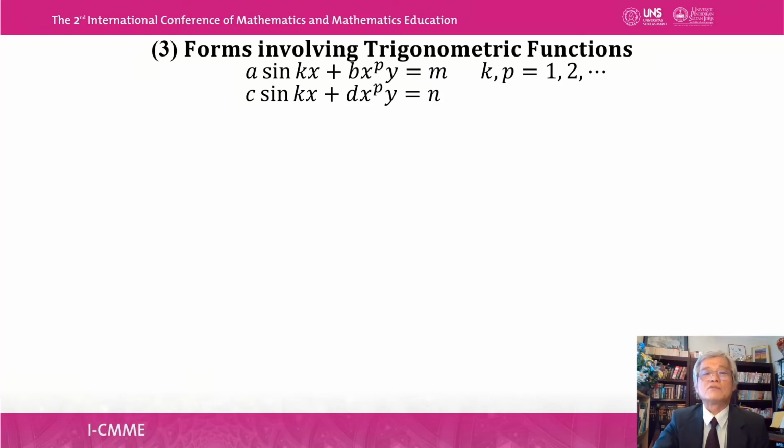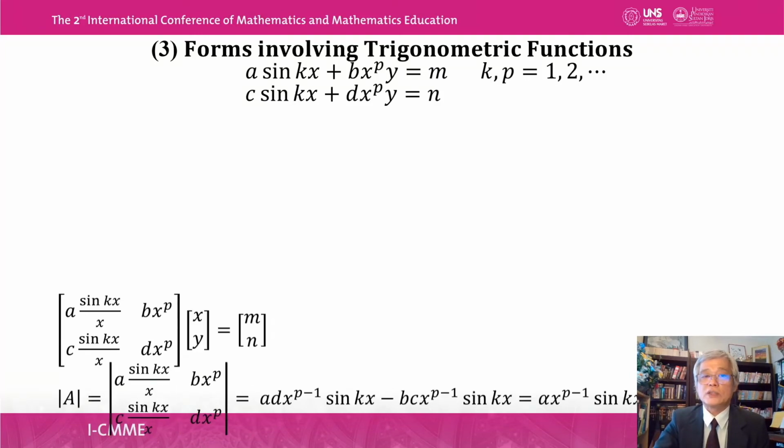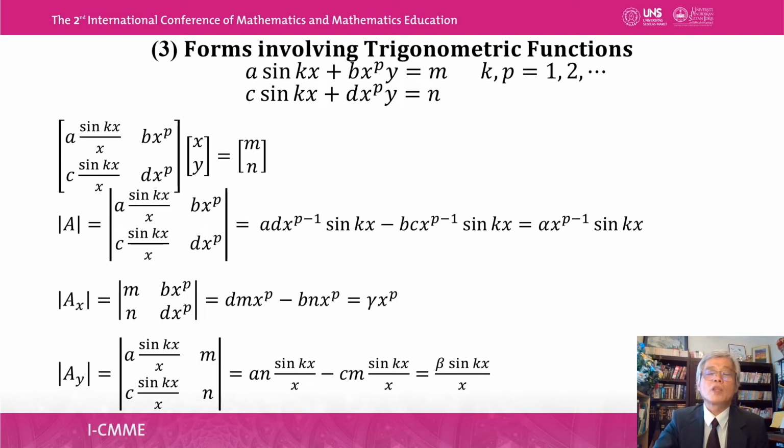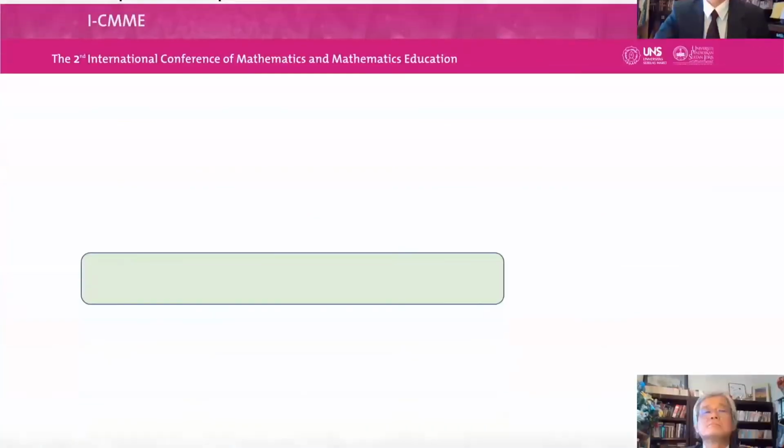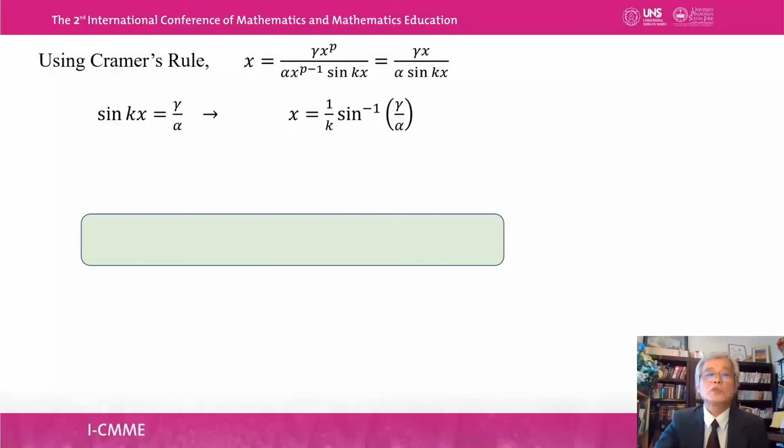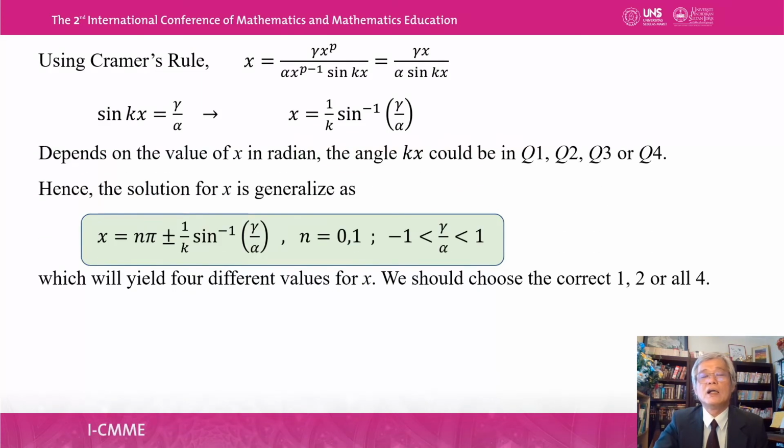Now, let's look at the forms involving trigonometric functions. As before, write it in matrix form, get the determinants A of x and A of y. Using Cramer's rule, we obtain x is 1 over k inverse sine of gamma over alpha. It depends on the values of x in radians.